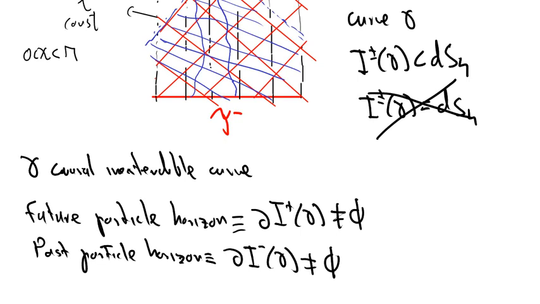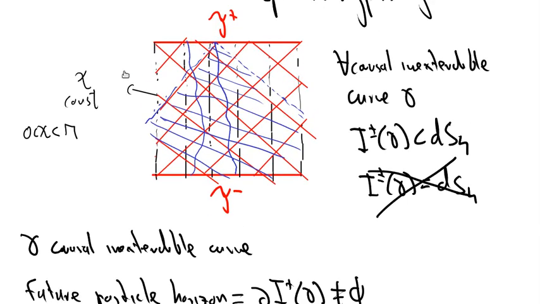And also we see, just by looking at this diagram, that it's possible to find Cauchy hypersurfaces. So I'm just going to draw a hypersurface, call it sigma, and I think it's already evident just from this picture that any causal inextensible curve in the picture will always have to meet sigma at some point.